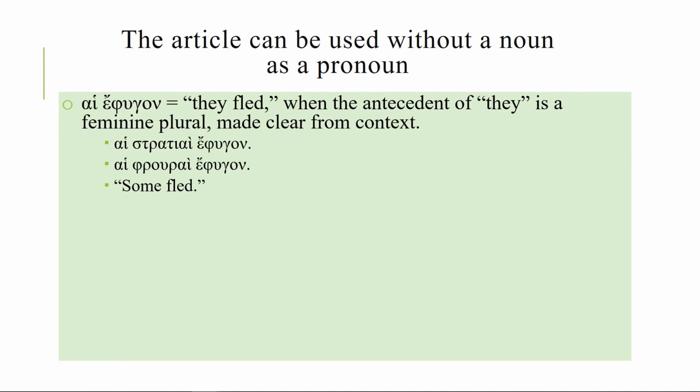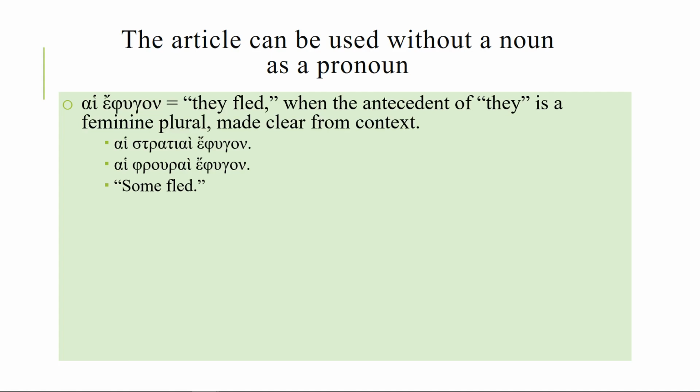So in one case, it might be hai stratiai ephugon, the armies fled. In another case, it might be the garrisons fled. Also, sometimes we can use it, especially when we have it paired up. So hai did this and hai did that, or hoi did this and hoi did that, meaning some people did this and others did that.